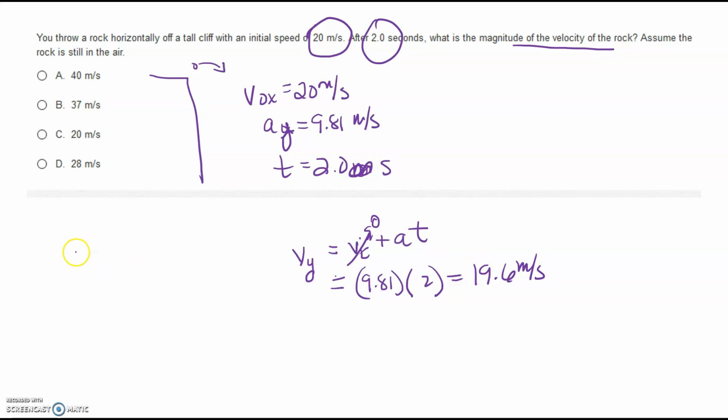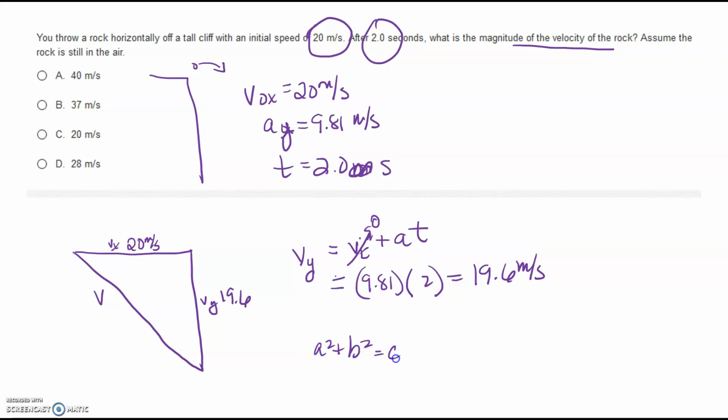And then I made a triangle with my velocity vectors. I know that this is 20 meters per second because this is the v in the x. V in the y is going to be 19.6, and I'm looking for this velocity. So then it becomes a Pythagorean theorem thing. 20 squared plus 19.6 squared is equal to c squared. C ends up being 28 meters per second.